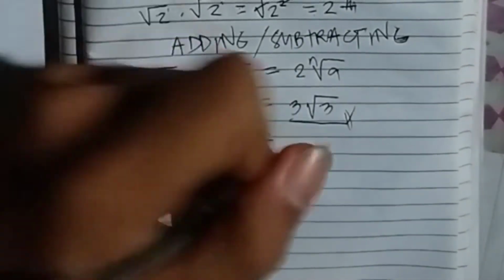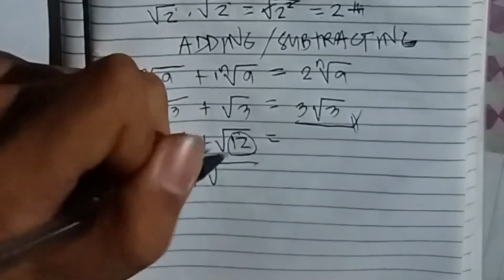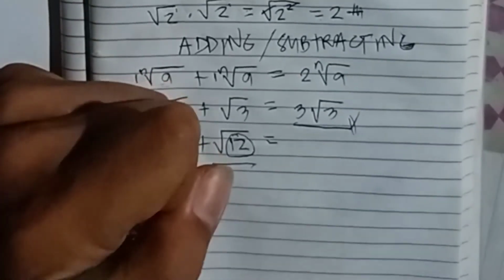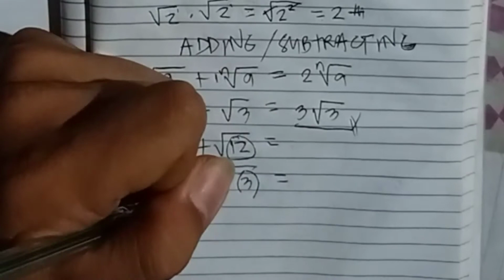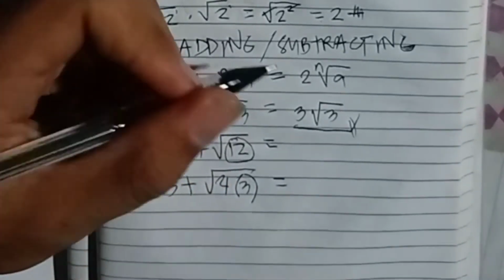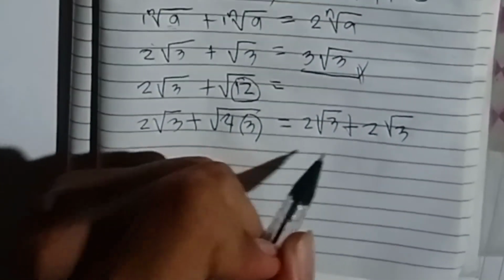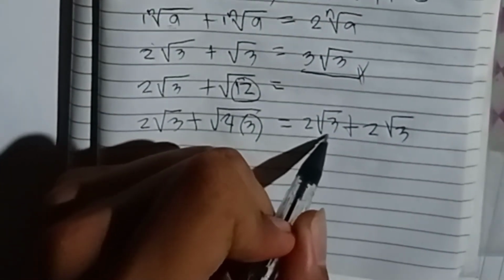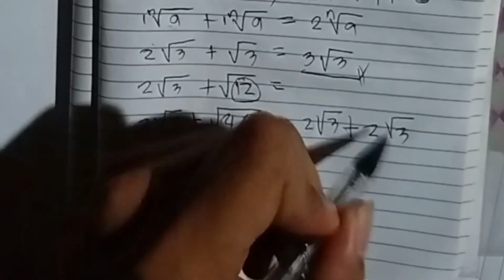So that is factor ng 12, that is 4 times 3. Diba? So yung 4, i-extract natin, that would give us 2, and just remain yung isang factor niya, which is 3. And since same naman yung radicand niya sa radical part natin, we can add the numerical coefficient here.